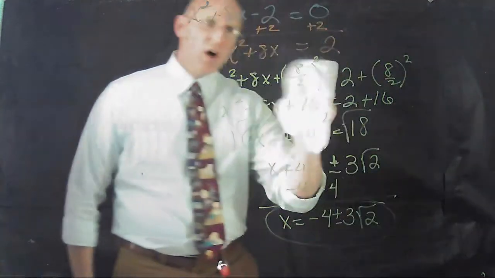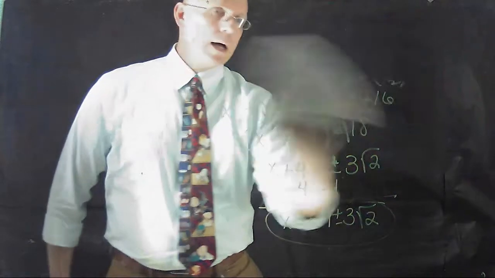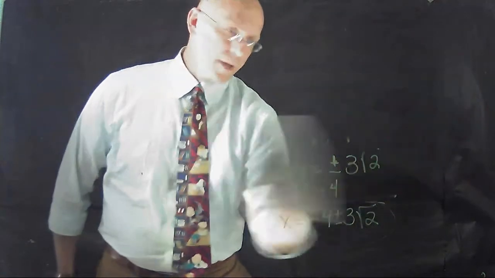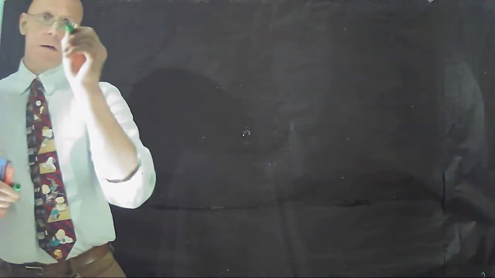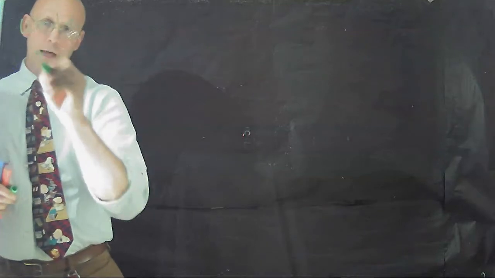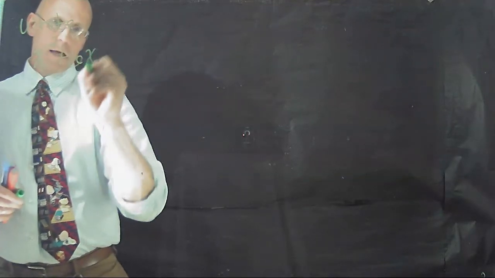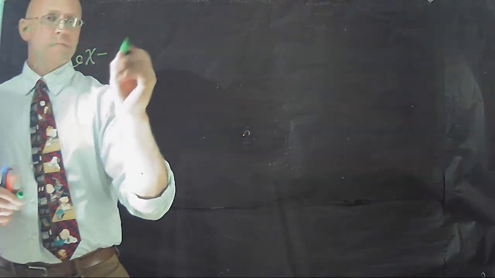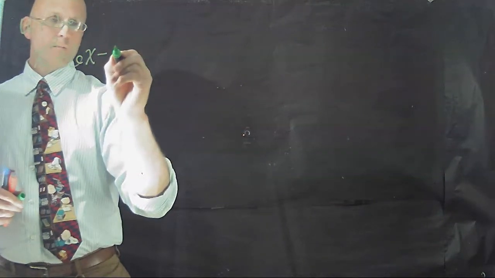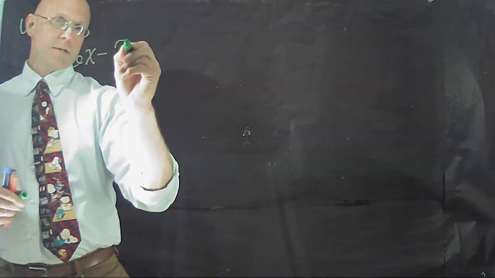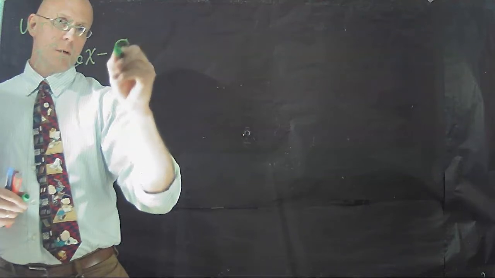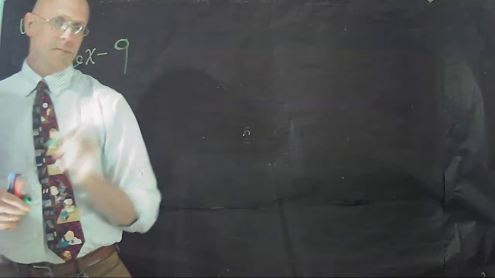What if instead of solving it, I wanted to do the following? Okay, I'm going to put this over here. So I want to write x squared plus 6x minus 9.